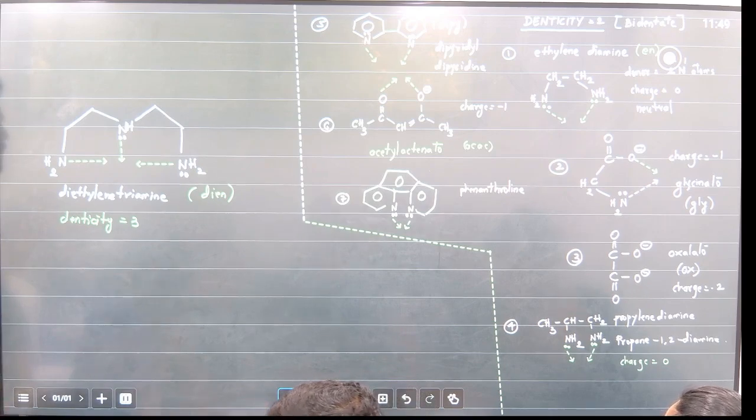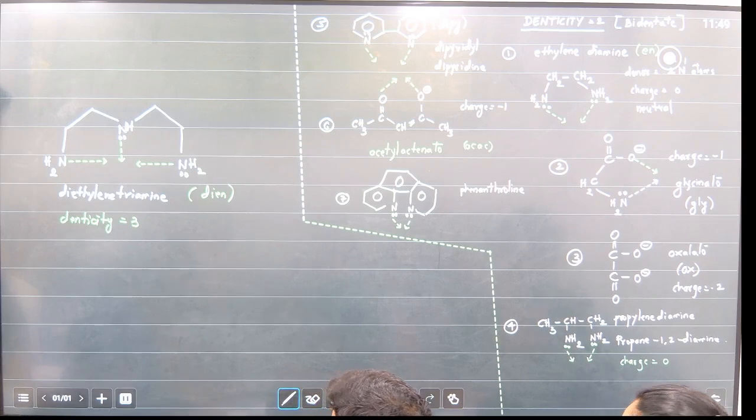So triethylene tetraamine. Keep on increasing the denticity. Tetraethylene pentamine, so on and so forth. So we are not going to learn anything specific, ठीक है, for denticity 3, 4, 5.